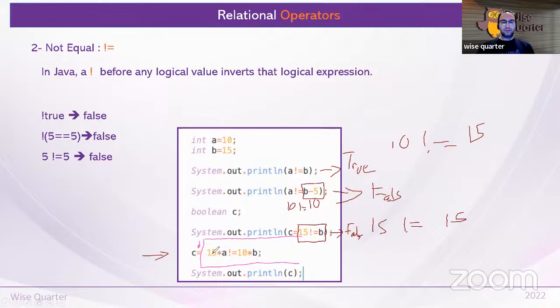A is 10. When I multiply it by 15, it will become 150. This part is also the same. It is 150. It says 150 is not equal to 150. So C will become false. And here we are trying to print the value of C. It will print false. Do you have any question about them?